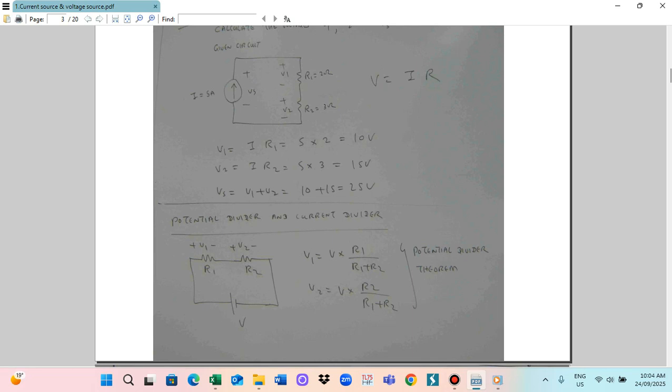The formula is V1 equals V multiplied by R1 divided by R1 plus R2. Similarly V2 equals V multiplied by R2 divided by R1 plus R2. We call this the potential divider theorem.